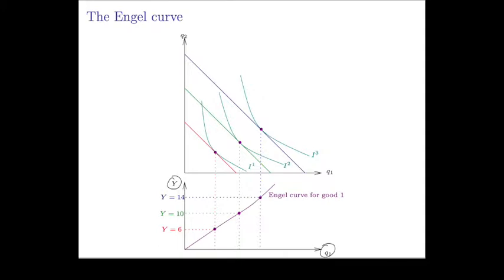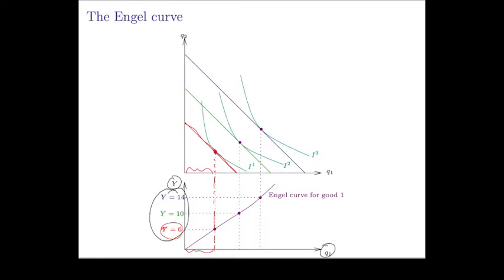So for every possible income level, we look at the quantity that the consumer would consume, and we draw a curve through that. For example, remember that the budget line for the income of 6 was given by this one, and at that income level, the consumer chose this bundle. So this is the quantity that the consumer chose to consume of good 1.